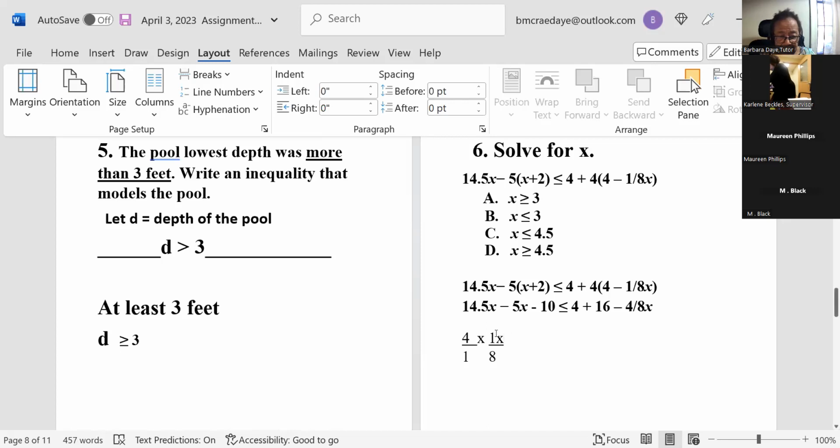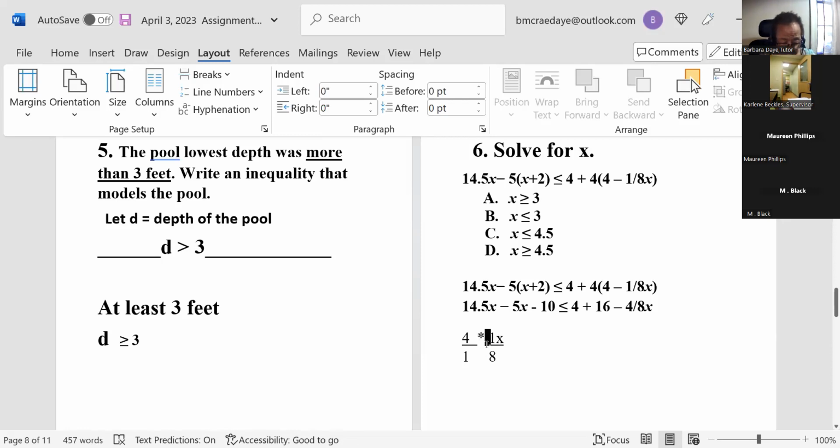Let me change that to an asterisk so you don't get the x's confused here. So this is 4 over 1 times 1 over 8x, except this is a negative.